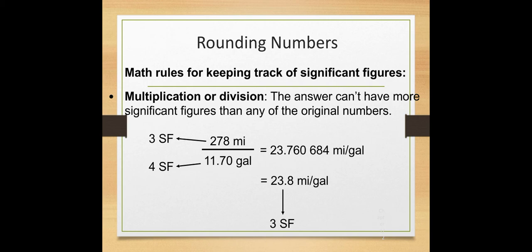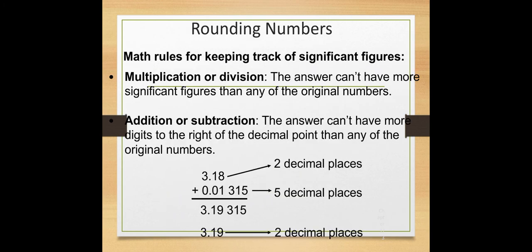That's why we have to choose the least number of significant figures among the original numbers, and our answer must be in that significant figure. So we already know how to calculate the significant figures during multiplication or division.